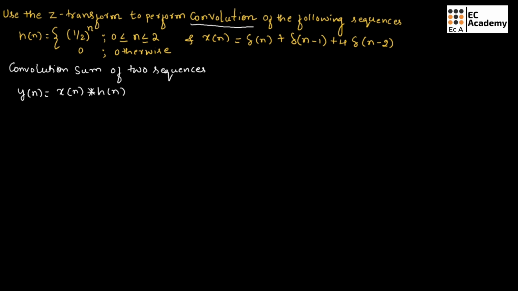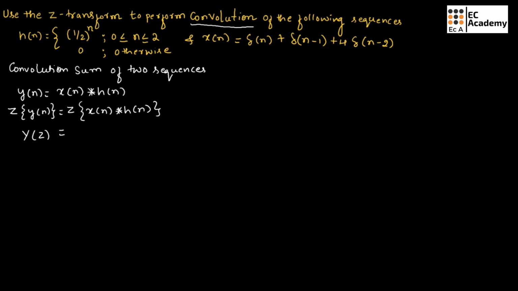Now if we perform Z transform of y of n, we need to perform Z transform on x of n convoluted with h of n. We'll get Y of z, that will be equal to, from the property of convolution, we know that the convolution of two sequences will be multiplication in Z transform.